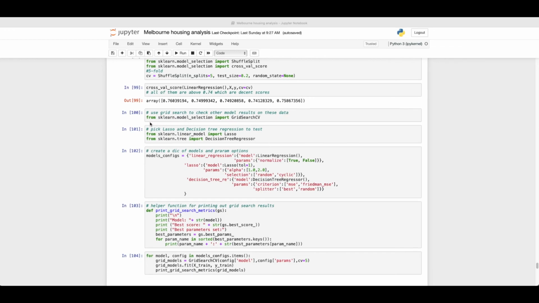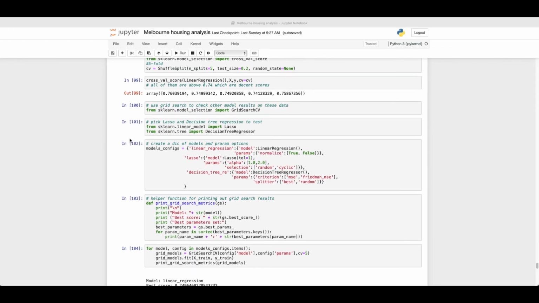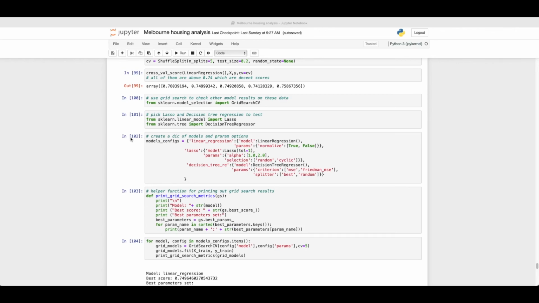And then I did a grid search. The reason for doing a grid search cross-validation is basically just to pick a better model here. So I'm going to test a lasso and decision tree regression model here.